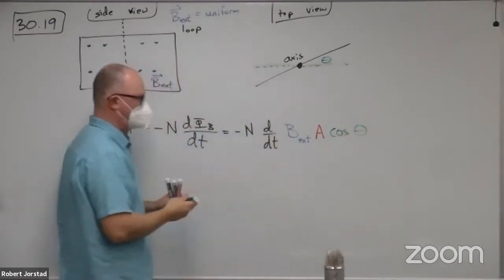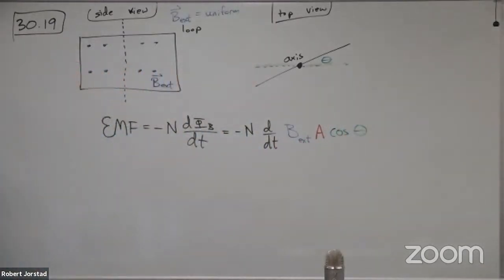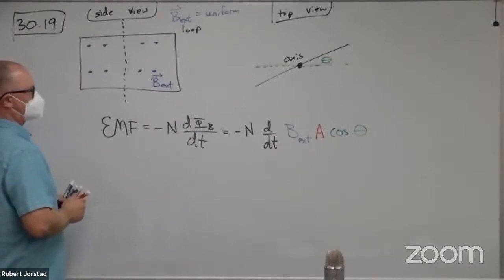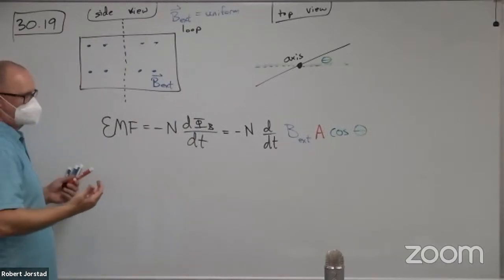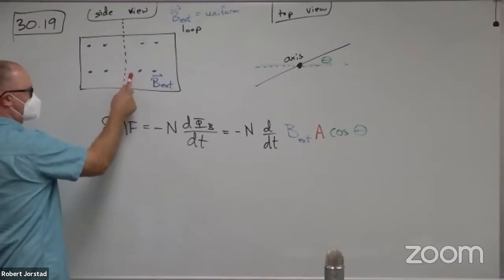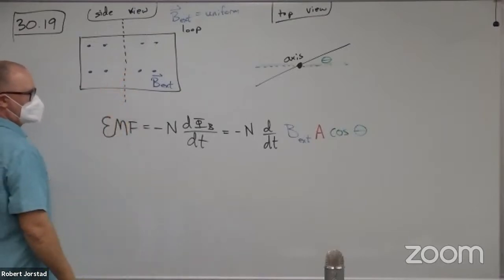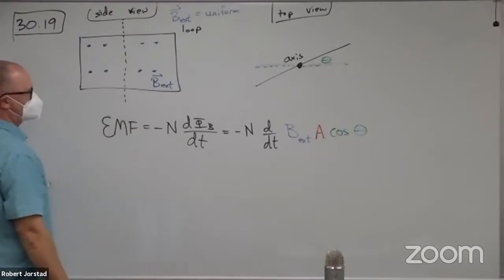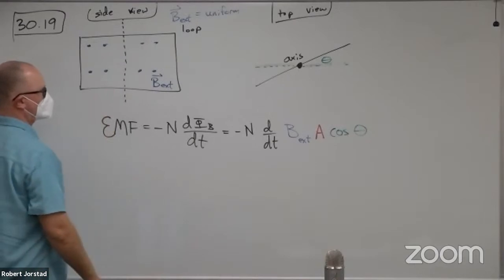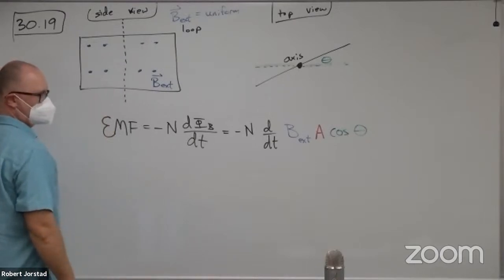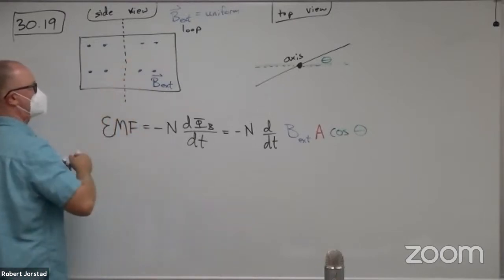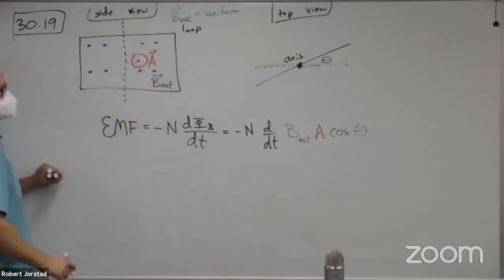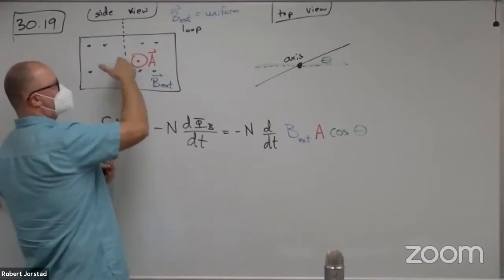To be clear here, we want to make sure we're using the right angle. Let's talk about the area vector. What are the possible area vector directions for this rectangular loop? Into the page or out of the page? Which one do you think seems nice for this picture? We could choose. I like out of the page. There's our area vector. So now let's try and view it from the top.